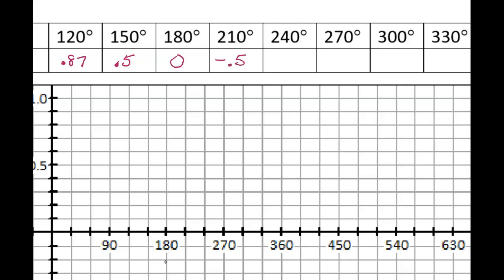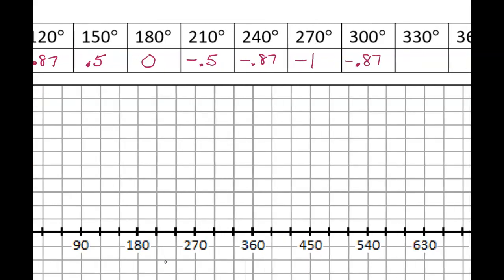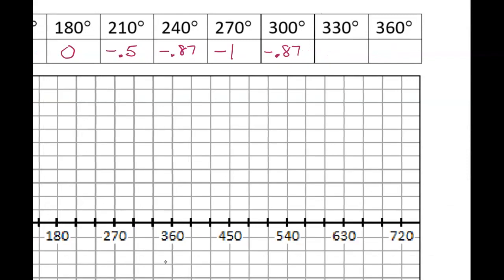So our next value at 210 is negative a half. At 240, negative 0.87. At 270, the sine value is at its most negative, negative 1. Then at 300, we're going back toward 0: negative 0.87, negative 0.5, and 0.